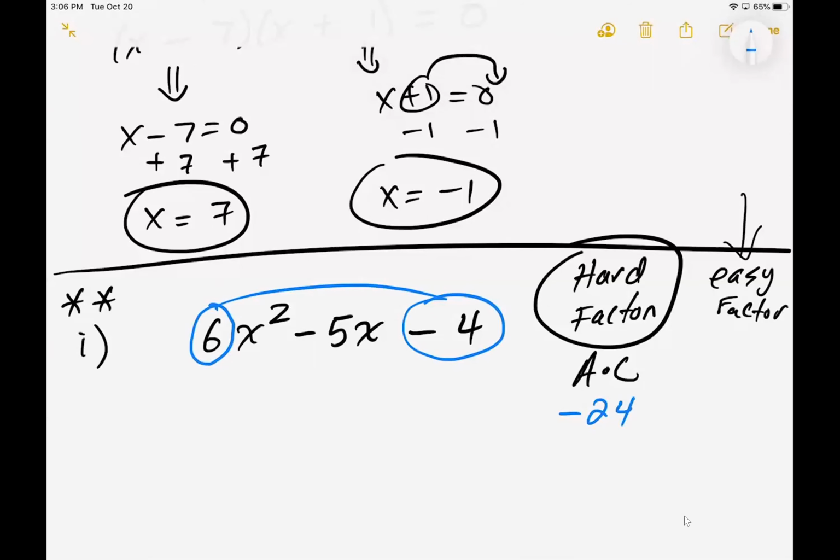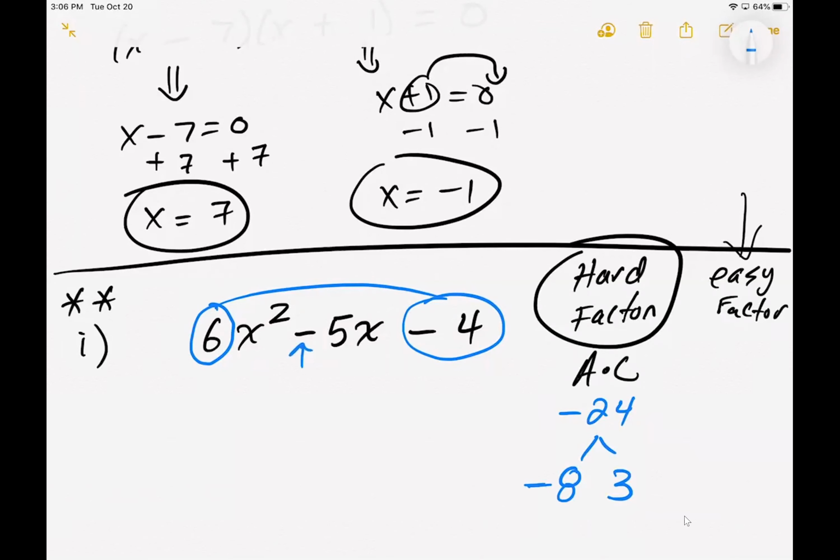Are there 2 numbers that multiply to give you negative 24 but subtract to give you 5? And this goes back to the question that you have: how do we know which one is positive and which one is negative? Do you see that the 5 is negative?